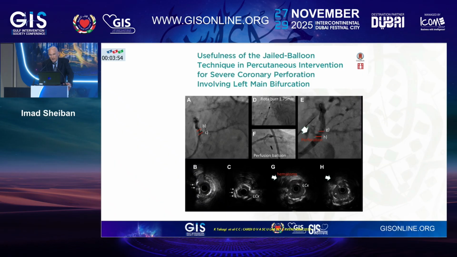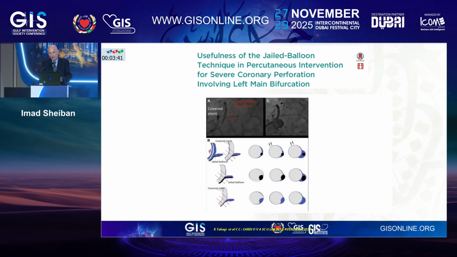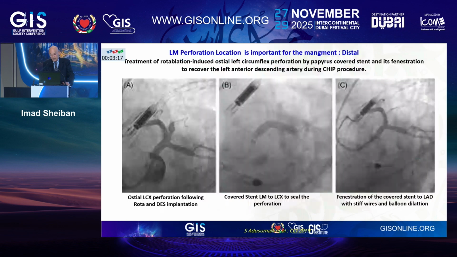There are some creative approaches to fix a distal left main perforation by positioning a balloon behind the covered stent. After that, you create two different lumens: one in the covered stent, which covers the perforation, and the second created by the balloon to the side branch.